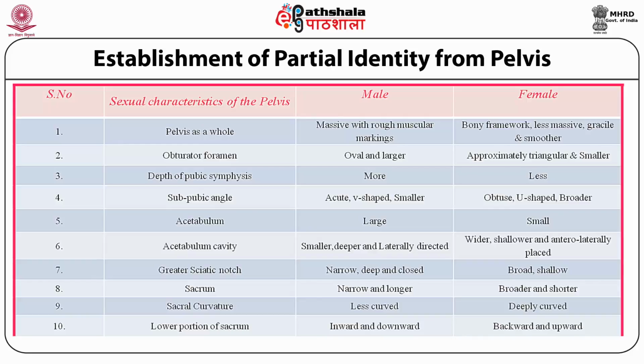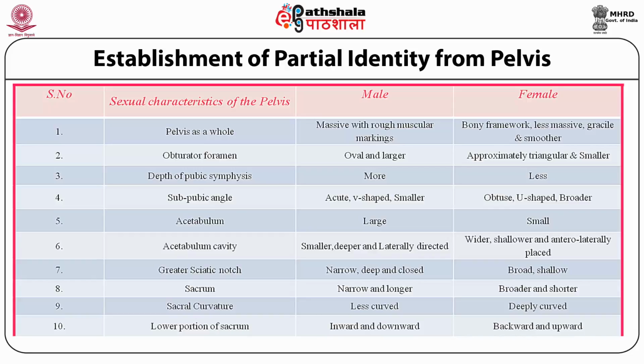The subpubic angle is acute, V-shaped and smaller in males, and in females the subpubic angle is obtuse, U-shaped, and the acetabulum is larger in males and smaller in females.